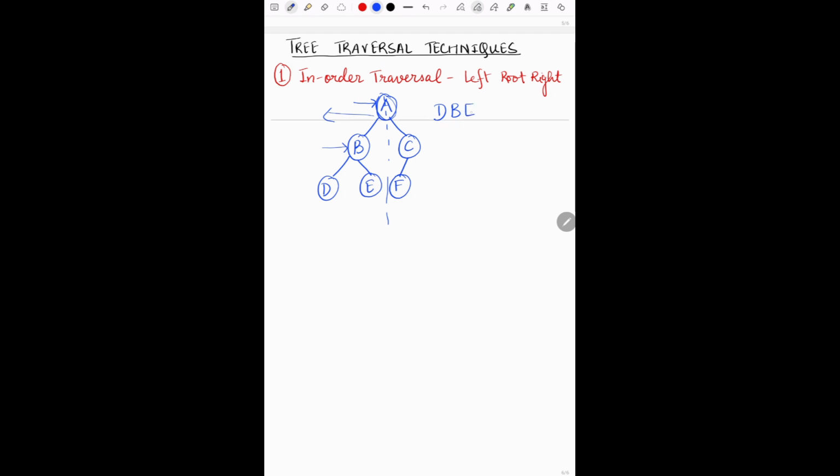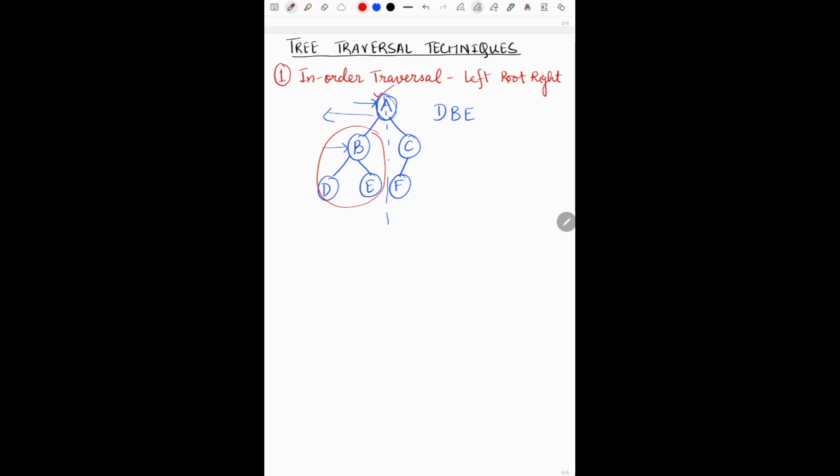Node E is the right child of node B. So this completes the left of root node A.